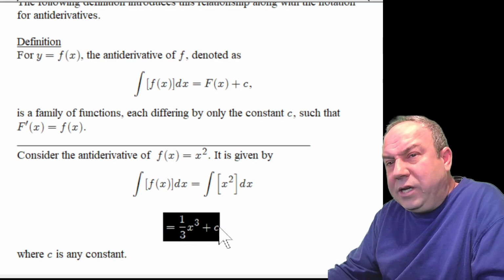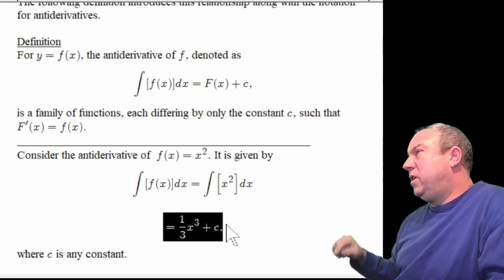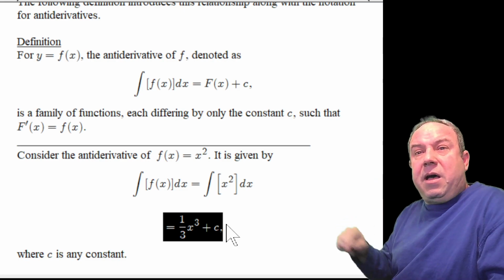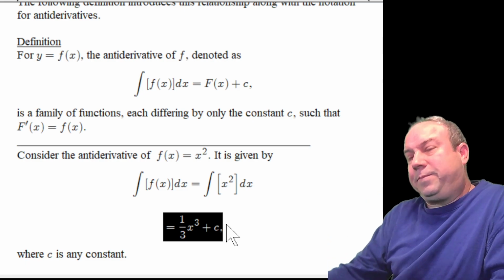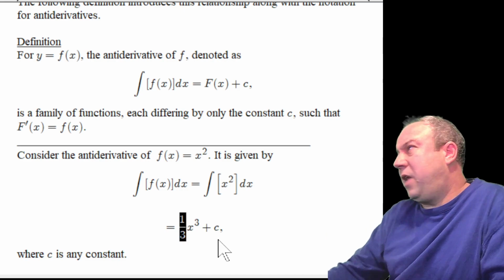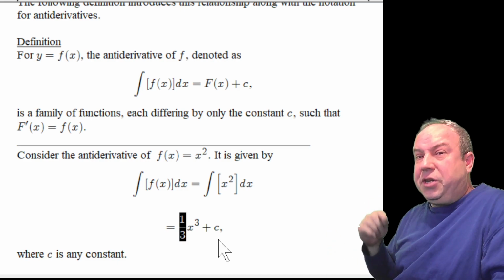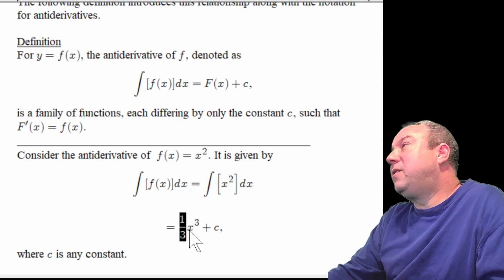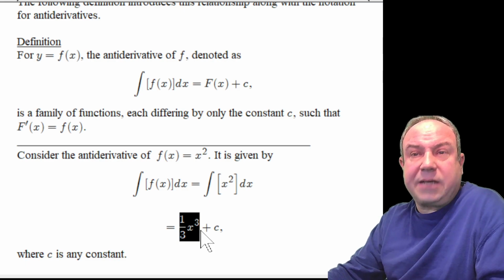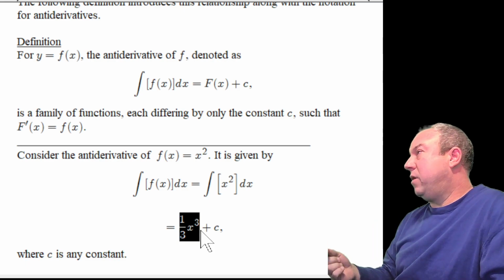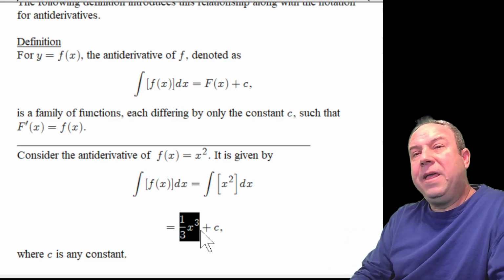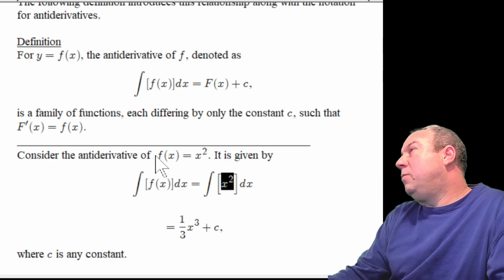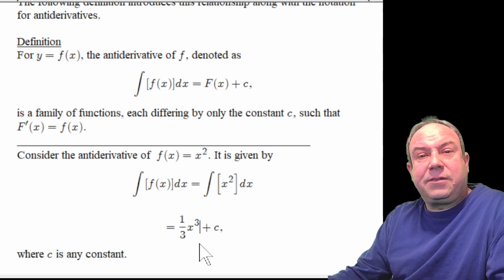And the reason we can say that it is equal to this family of functions, all a small transformation, a vertical compression of the cube function x cubed, is because if we apply the derivative operator to 1/3 x cubed, it would yield x squared, the argument given by our initial function f of x.